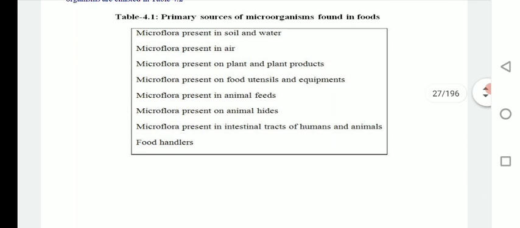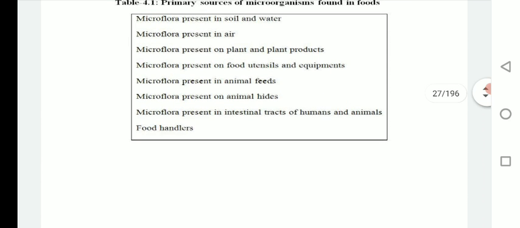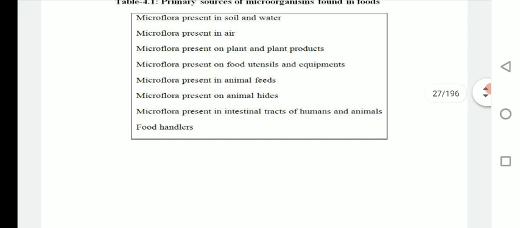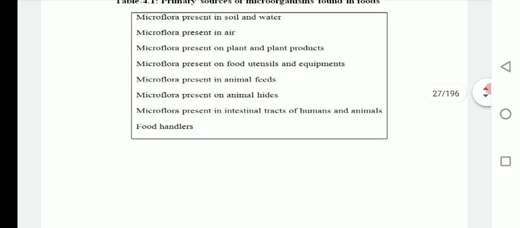Then microflora present on plants and plant products. On a daily basis we use vegetables of different kinds, and on the surface of those vegetables, as they are plants, different kinds of microbes are present. And if the vegetables are not properly washed and cooked, or if the vegetable is eaten raw without any kind of processing, then definitely those microbes will enter the food stream.